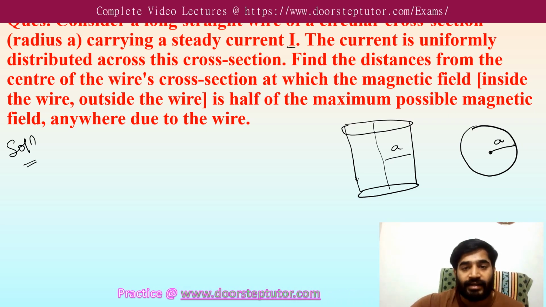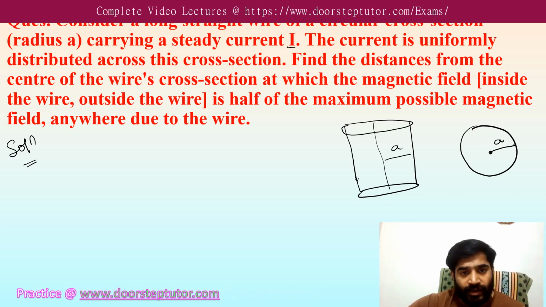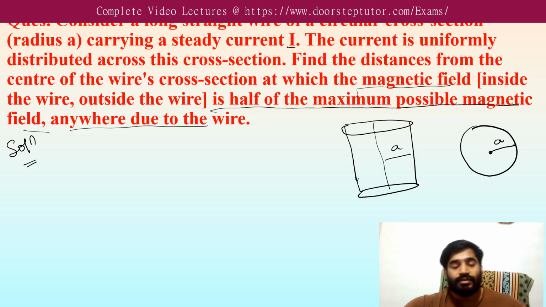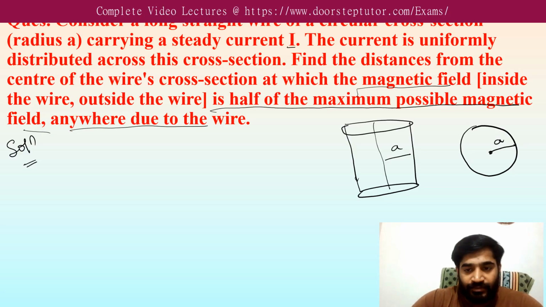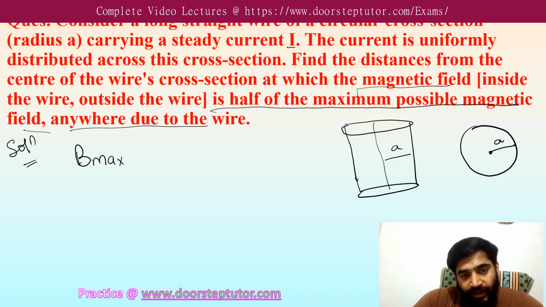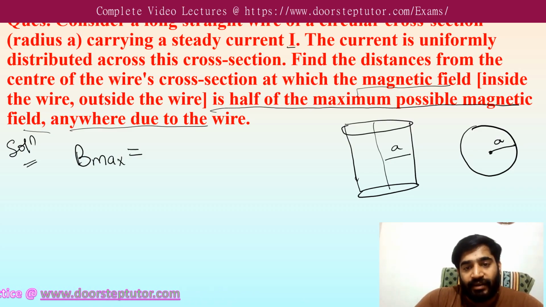We have to find the distance from the center of the wire at which the magnetic field, inside and outside both, is half the maximum possible magnetic field. You know the maximum magnetic field is at its periphery.